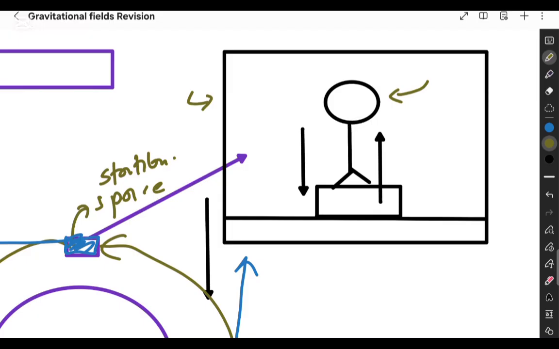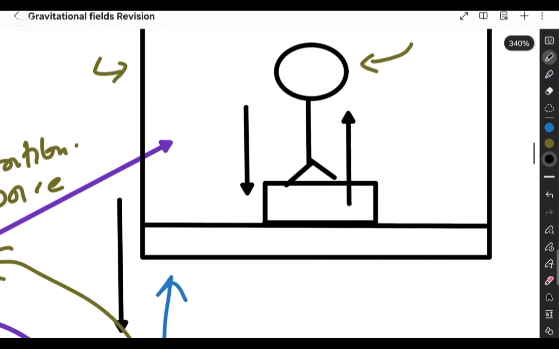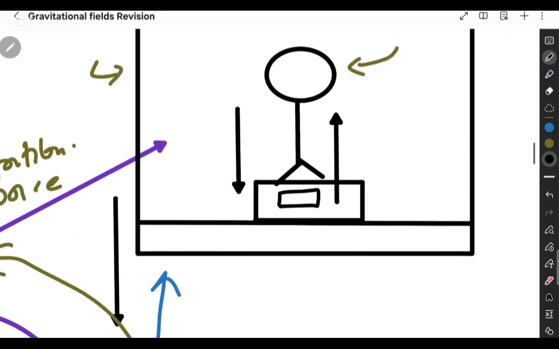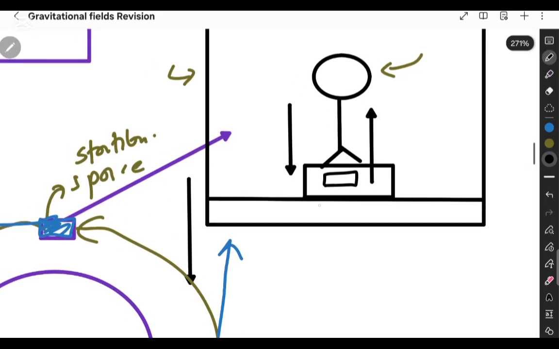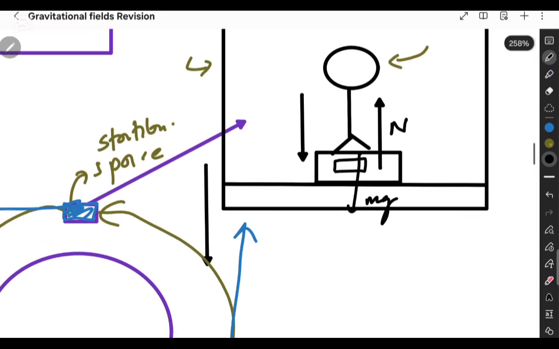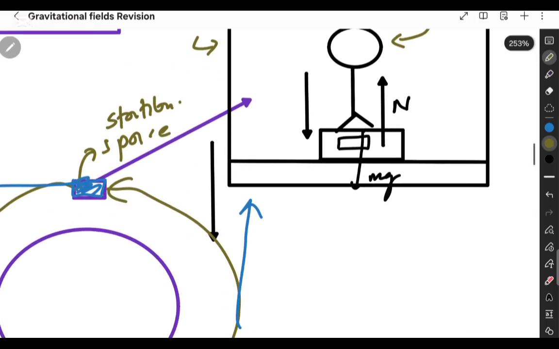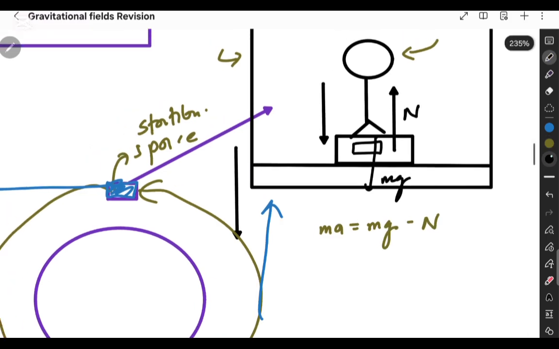Then if you take the reading on the scale here, the reading will be the normal force, and then we have the mg force acting, which is the weight of the person. Then we can say ma equals mg minus N, and then N equals mg minus ma.